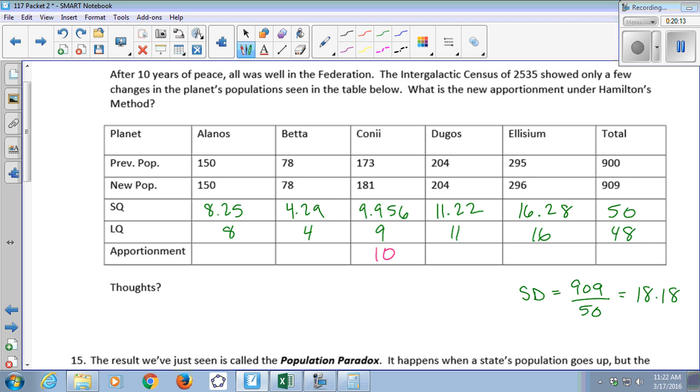Connie. Beta. Yeah, 2.29 is the next largest decimal place. So everybody else just gets their lower quota. And we've given out now 50 seats. All right. Let's jot down what the old apportionment was.